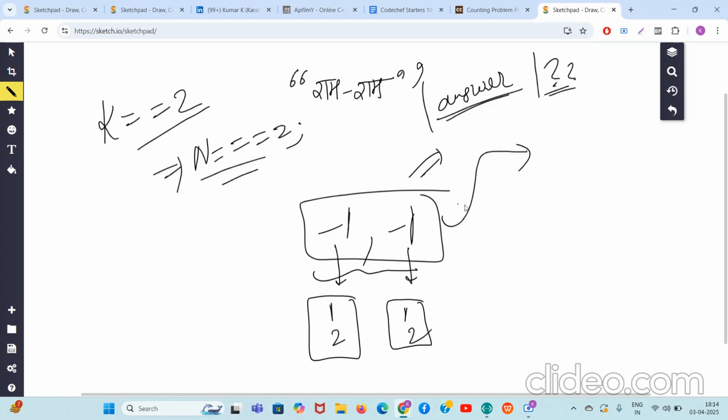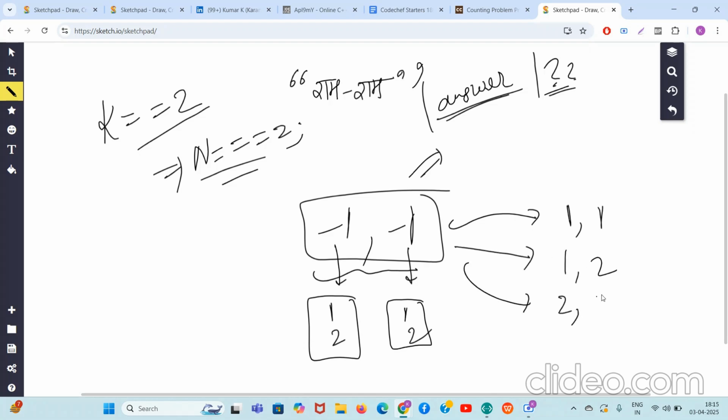So four different arrays can be generated: 1 comma 1, 1 comma 2, 2 comma 1, and 2 comma 2, right?